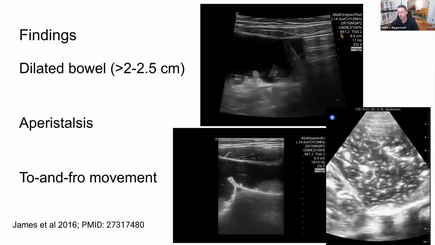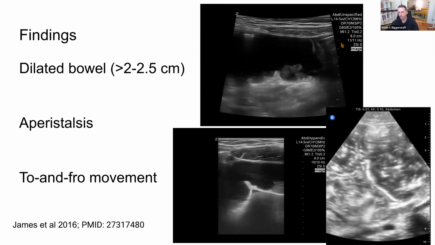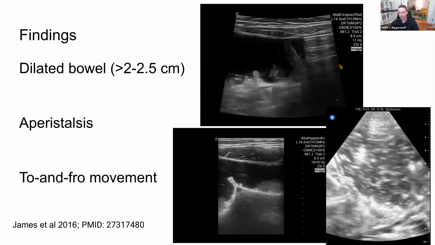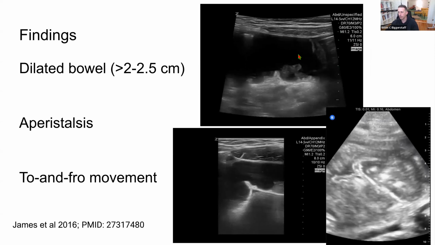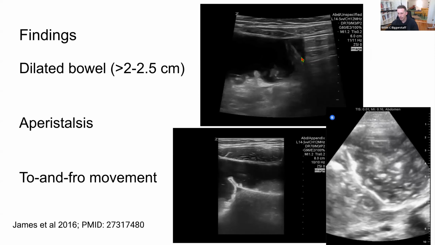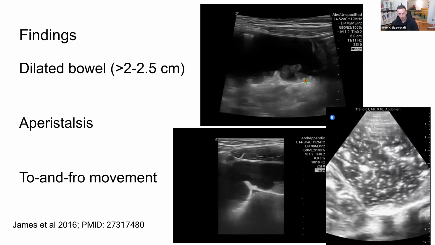So if we keep our eyes over here on the right side of the hash marks, this is a 0.5 centimeter little dot, and the line is a centimeter. So I have a 1 to virtually 3 centimeter dilated bowel here, and I'm not really seeing anything move through there. It kind of looks static. So that's reduced peristalsis and a widened bowel.